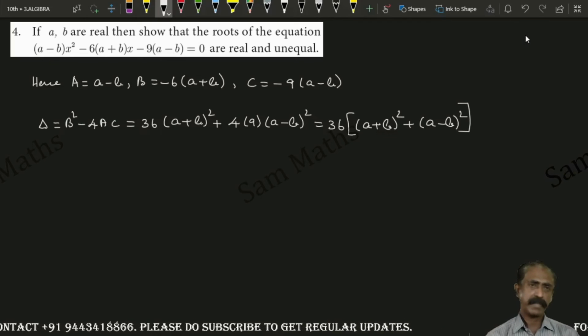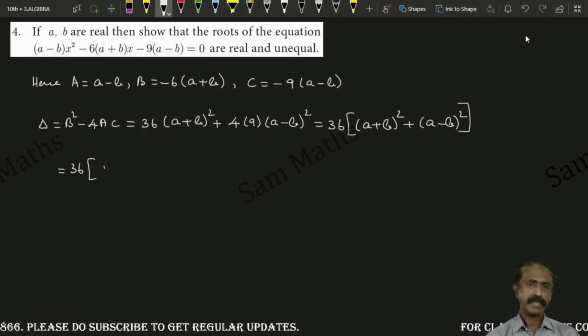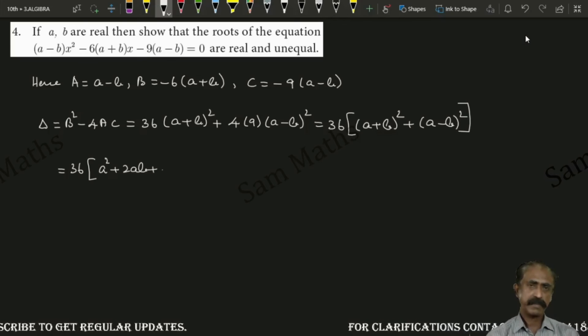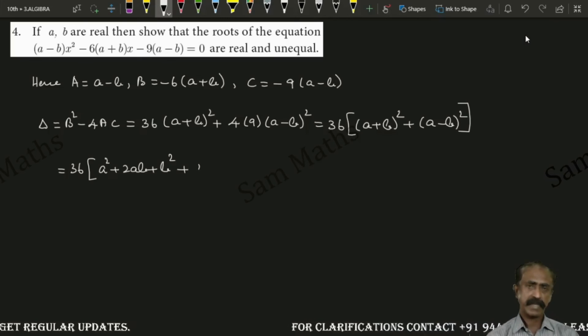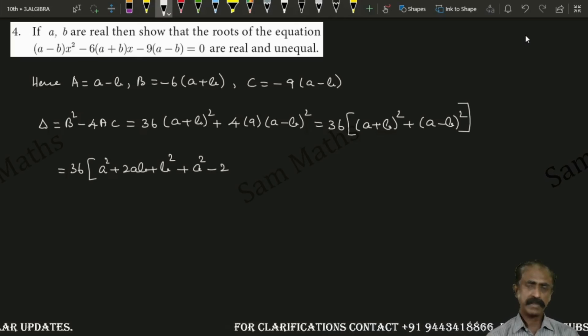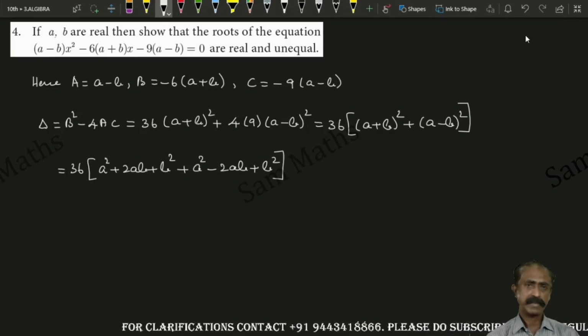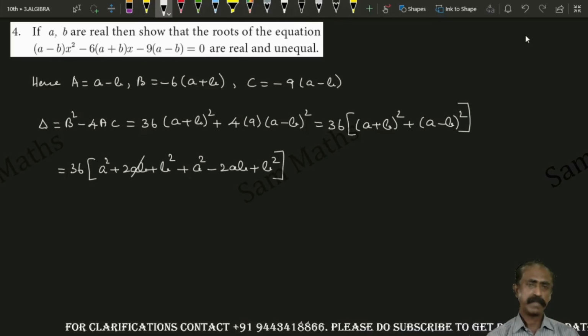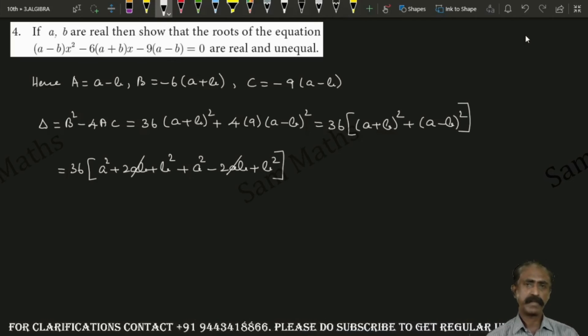You can expand this: 36 into a square plus 2ab plus b square plus a square minus 2ab plus b square. You can cancel two terms, plus 2ab and minus 2ab.